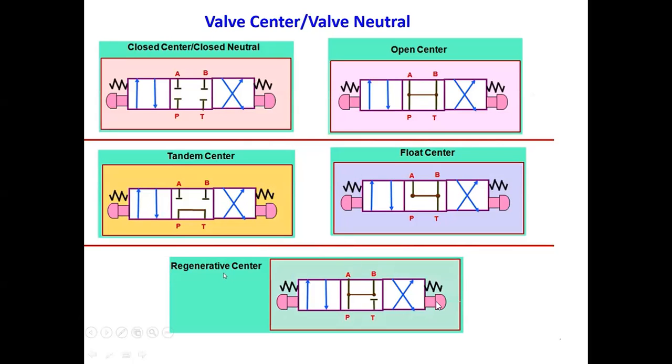See, this is very important. Valve neutral and valve center position. See, this is closed center, this is open center, this is tandem center, this is broad center, and this is regenerative.